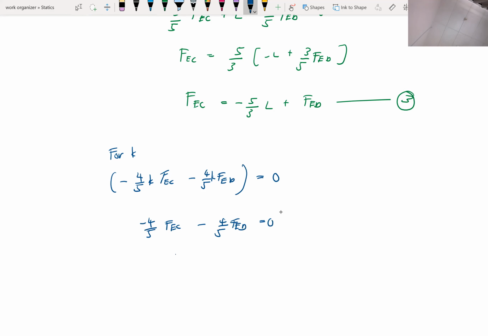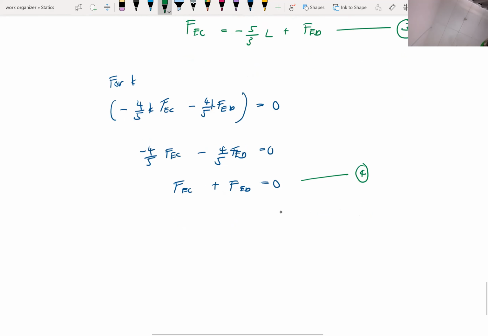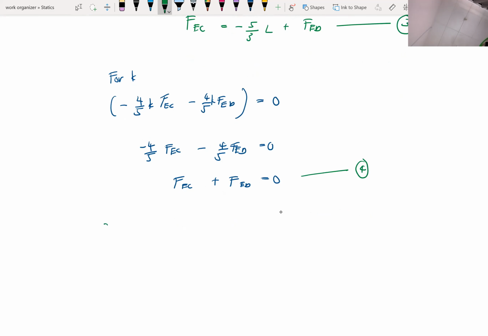So we can see that FEC plus FED equal to 0. This is equation number 4. Now you put equation 3 into equation 4.